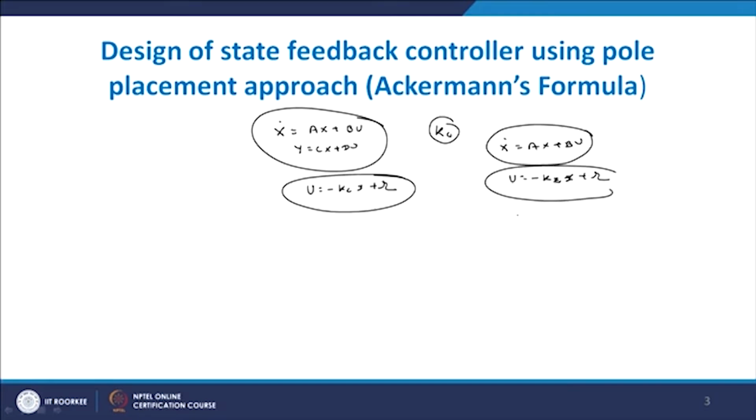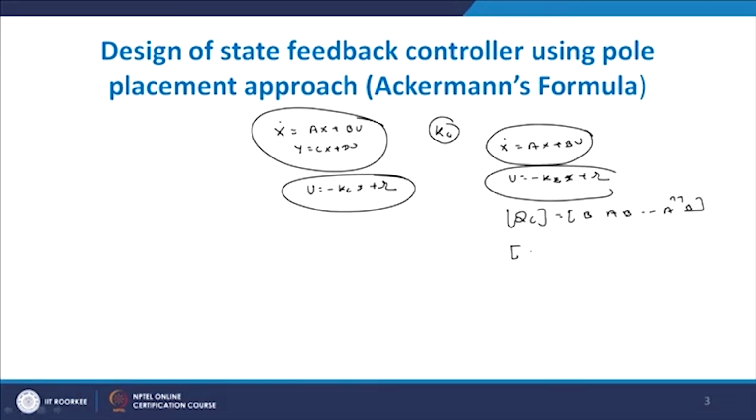There is also a controllability part, Qc, which is B, AB, up to A raised to n minus 1 B. And one important thing that comes in is the desired poles, QD.